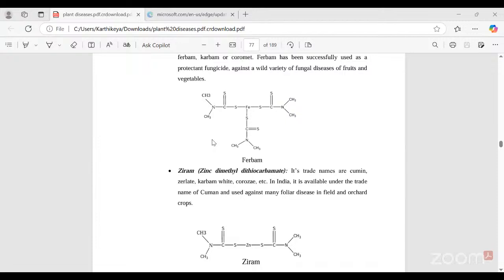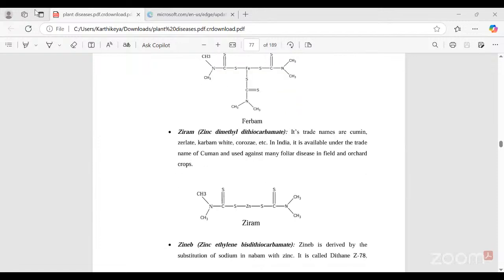Ziram, zinc dimethyl dithiocarbamate, has trade names such as Cuman and Zerlate. In India, it is available under the trade name Cuman and used against many foliar diseases in the field and orchard crops.